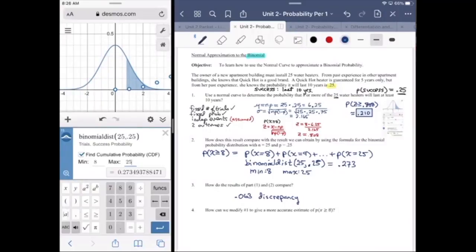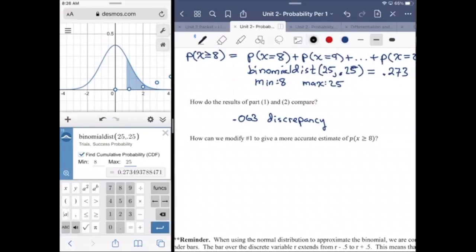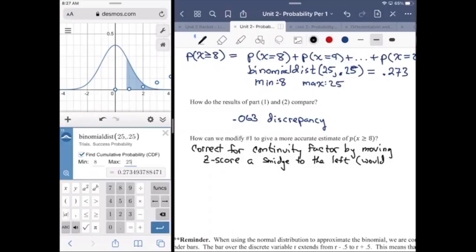If we can come up with a z-score, specifically the x value leading to the z-score, that would allow us to capture a little more, specifically capture the 8 as an x value, then we would have what we need. But we don't want to go too far. The general rule of thumb is that we can correct for the continuity factor by moving the z-score a smidge to the left, which would capture more area.